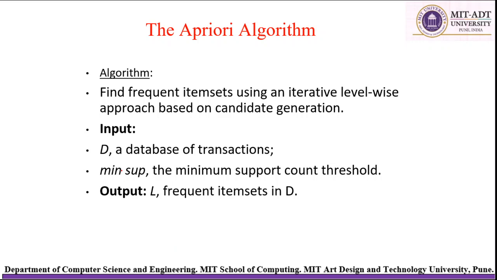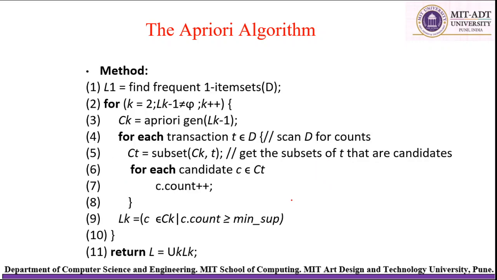That is the minimum support, min sup, the minimum support count threshold. And what output do we want? The frequent item sets L. And this is the algorithm.